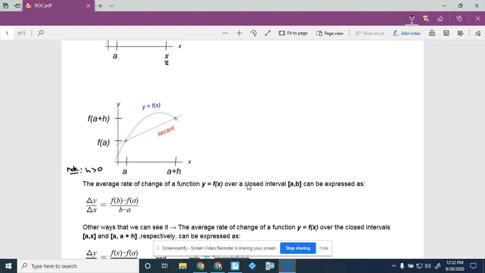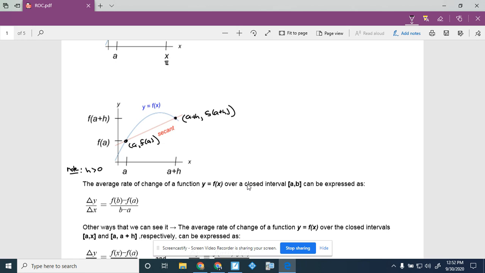I could draw the picture the other way, but that doesn't matter. For emphasis, the x value of this point is a plus h, and the y value is f of that. If this is my input, my output is f of a plus h. And this point is still a comma f of a.